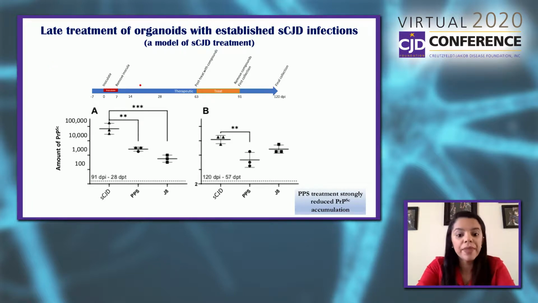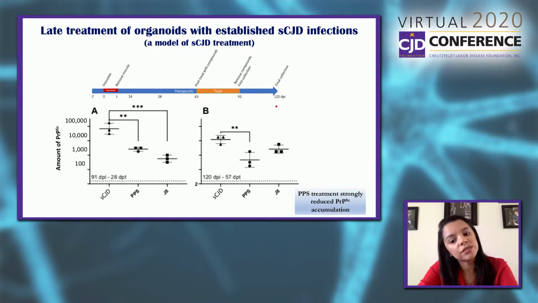Here I started the treatment 2 months after these mini brains were infected. And then I treated these mini brains for a month, and I measured the amount of PrPres. And as we can see here, both PPS and J8 were able to reduce the amount of PrPres in these mini brains by more than 100-fold.